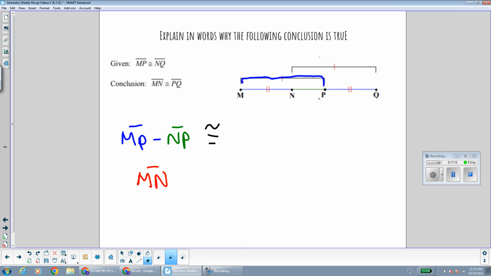Okay, let me erase so we can talk about NQ. So we're starting also with NQ. And we need to figure out what we're going to take away from NQ to get PQ. Here's NQ. We need PQ. It looks like we're also going to be taking away the green part to be left over with PQ.